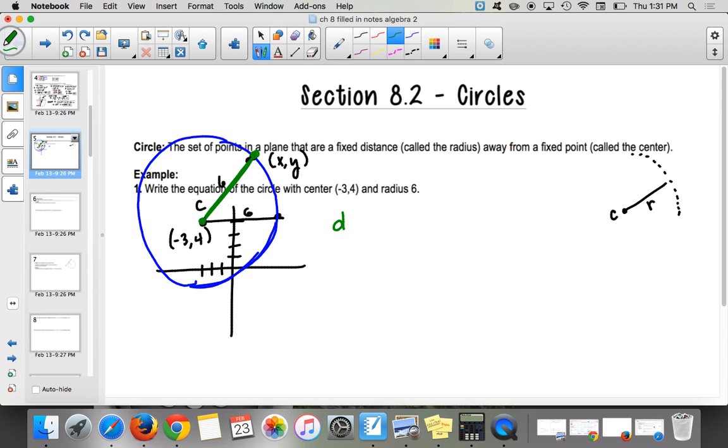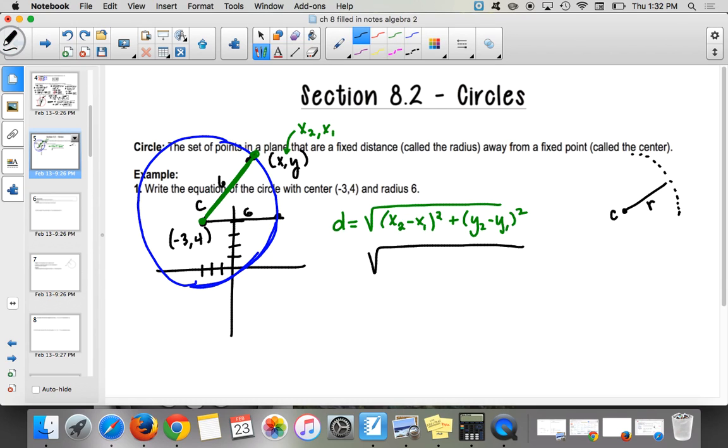Our distance formula, if you remember, was the square root of x2 minus x1 squared plus y2 minus y1 squared. Okay. So what I want you to do is we're going to plug in x and y for x2, y2. So I'm going to replace my x2, y2 with x and y.